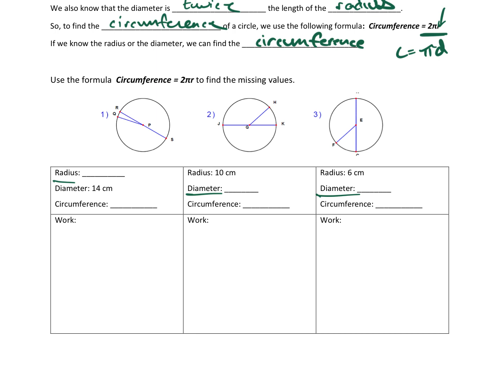When you're done, work on finding the circumference of some of the other circles that I gave you. Our next class will be working on the area of a circle, and then we'll move on to nets. All right, everybody, have a fantastic day.